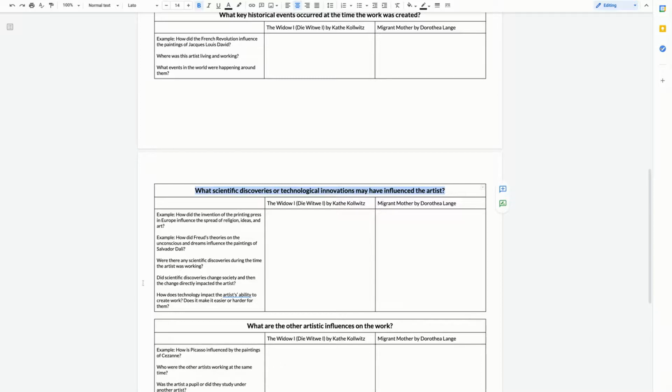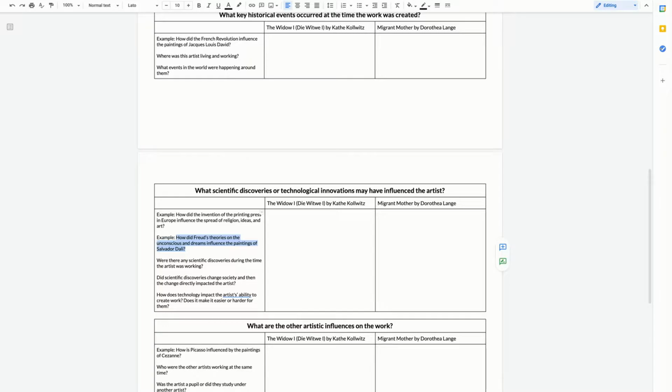So one of the examples I've given was, how did Freud's theories on the unconscious and dreams influence the paintings of Salvador Dali? Now, Freud was a very fascinating character at the forefront of psychology, which was a new science. And his ideas about our dreams deeply impacted the work of Dali.